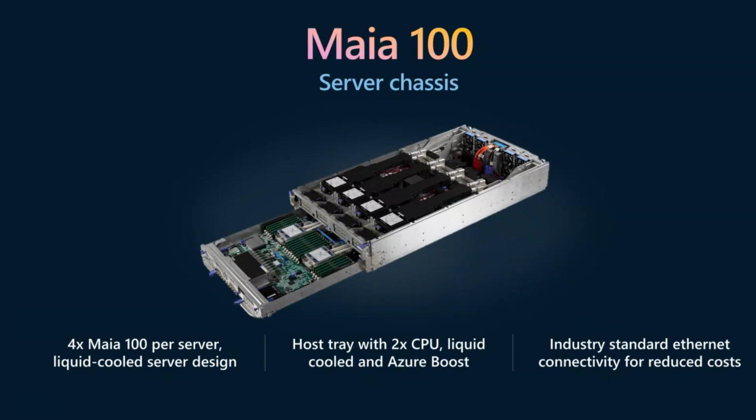So the Maya servers are designed with fully custom Ethernet-based network protocol with an aggregate bandwidth of 4.8 terabits per accelerator. And this enables better scaling for those end-to-end workloads. And they're also built and manufactured to meet the zero waste commitments to ensure that the era of AI is also an era of environmental sustainability.